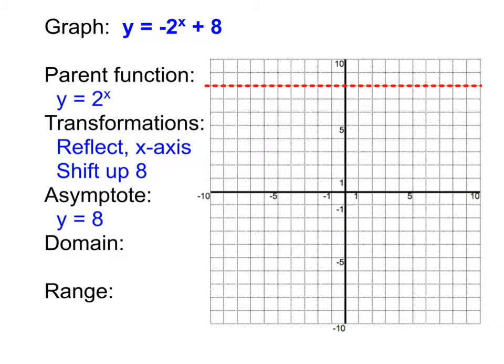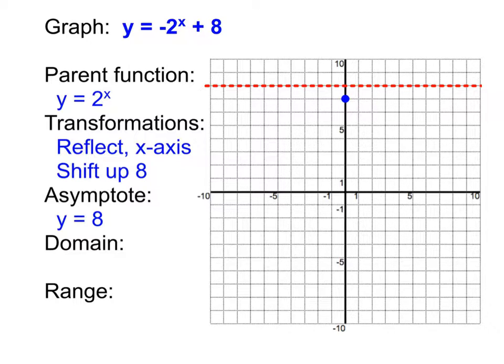But all of a sudden with this one, something's a little different. Because I'm not going to put my first point one above the asymptote. But that's because of this reflection, yes. That reflection, it's flipping it upside down. So that's telling me to put my first point one below the asymptote instead. So there's our first point.